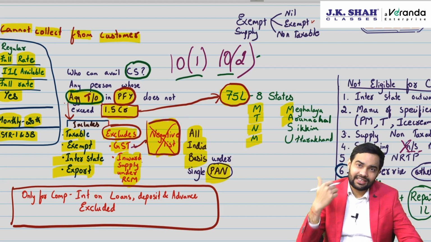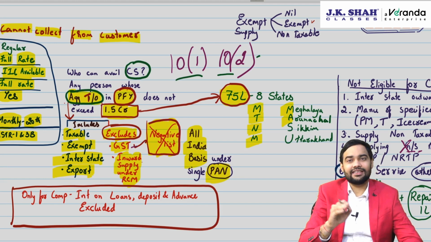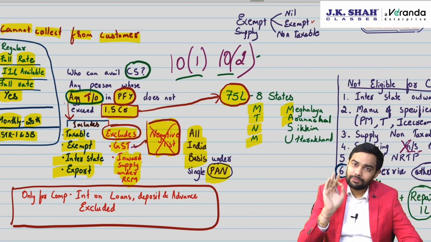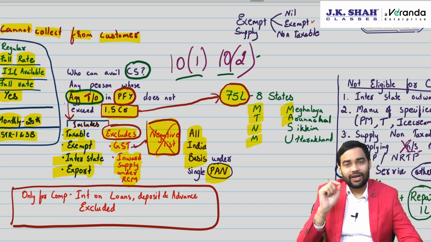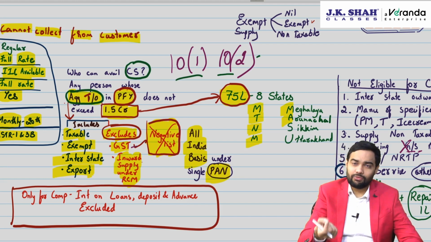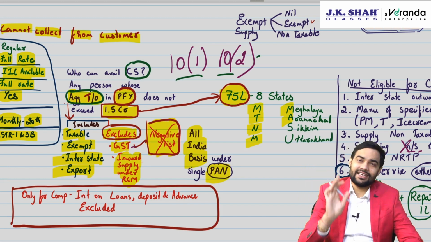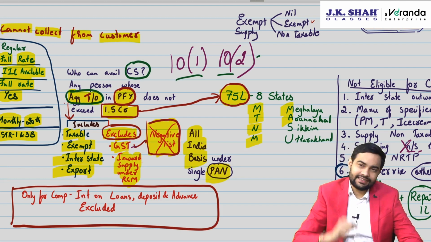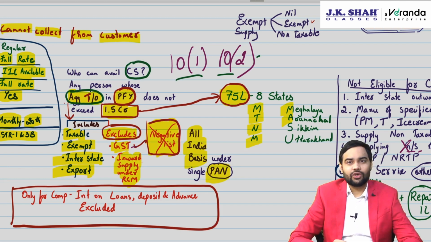Don't mix it with registration chapter. In registration chapter the benefit is different. In registration chapter it still forms part of turnover, but while checking whether you are eligible for composition, while making a calculation of how much of tax you have to pay, interest is never included for composition scheme. Be very careful. Which interest are we talking about? Interest on loans, deposit, advances will not form part of turnover.